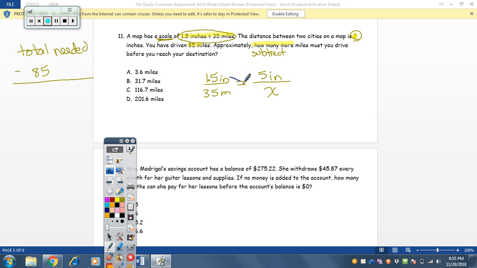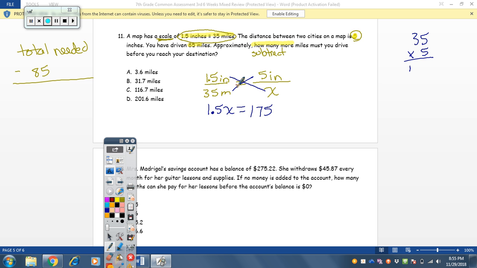So you have to multiply 1.5 times x and 35 times 5. You're not done with 175.